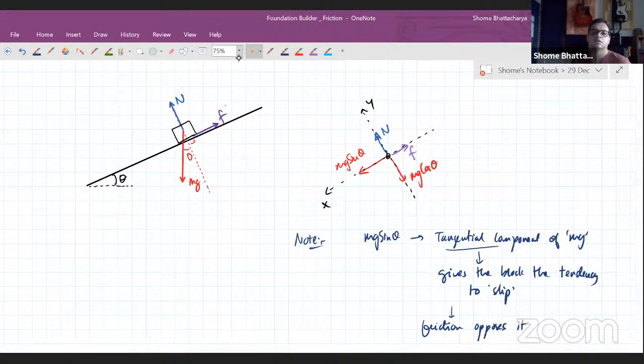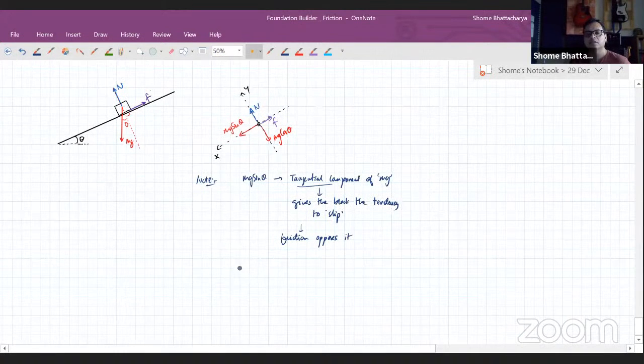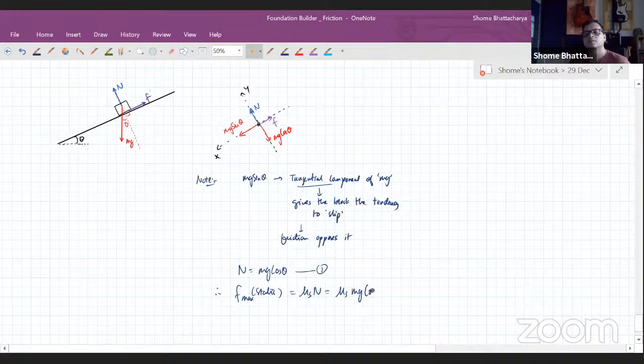So that's one thing. Now the other thing we can understand directly from the free body diagram is that normal reaction is equal to mg cos theta. Okay. So therefore, maximum static friction is equal to mu s into mg cos theta. Now in this case, m was 5 kg and theta was 37 degrees.